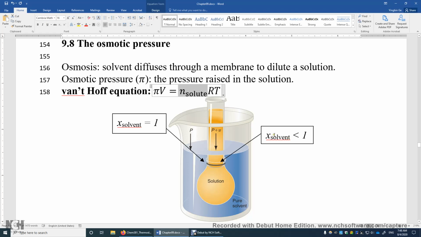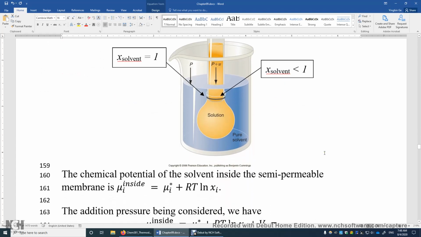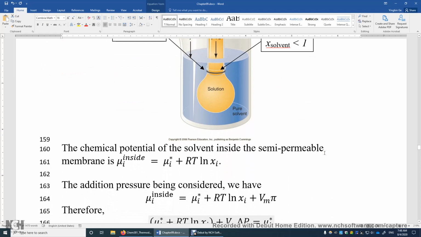Lower mole fraction results in lower chemical potential. So if you look at this level, true, it has a higher chemical potential because of the additional pi, but it also has a lower chemical potential because of its lower mole fraction. So these two cancel. Now we're going to prove this van 't Hoff equation.